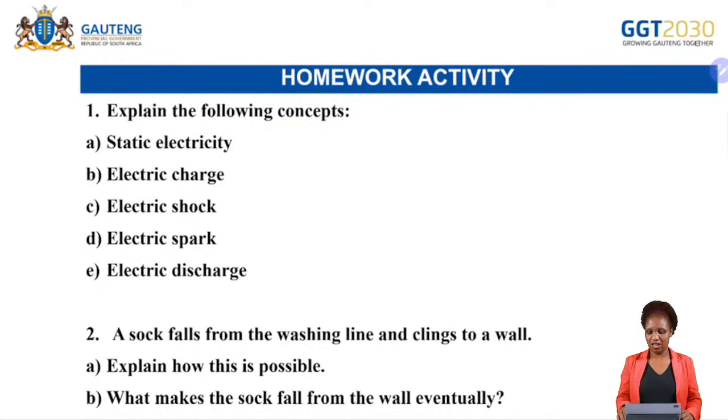And then if you rub the materials together, for example, if you take a glass rod and a silk cloth and you rub them together, what's going to happen? Electrons are going to be transferred from a glass rod to a silk material, leaving the glass rod positively charged and the material negatively charged. Why?